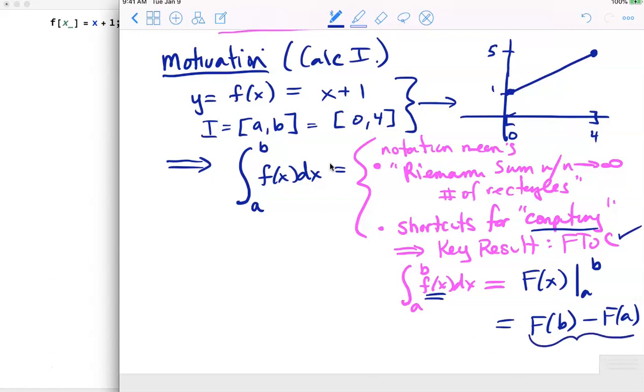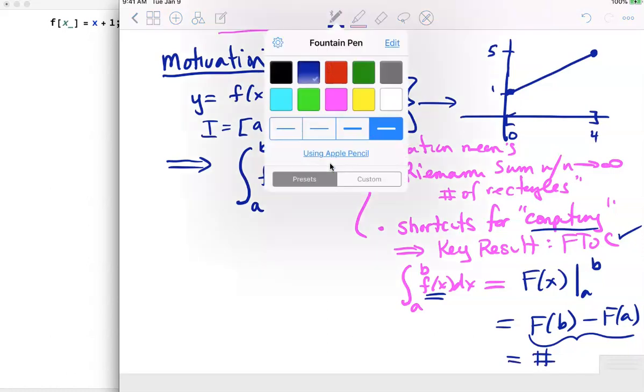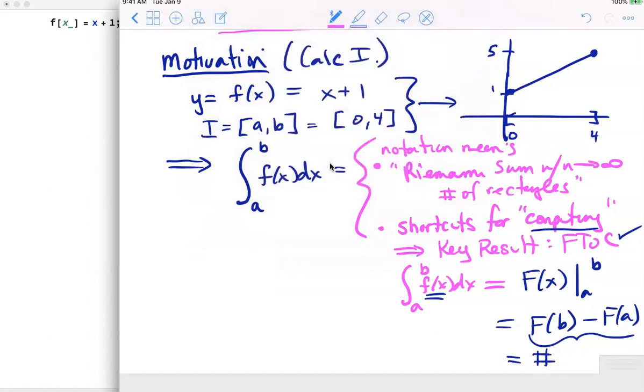And so one could easily get a number here, right? But the interpretation of that number, what was important about it, came from the meaning of the notation in the Riemann sum. We knew from the Riemann sum that if you split this problem up into 4 rectangles, we were adding up the areas of rectangles. So we're adding these areas up.